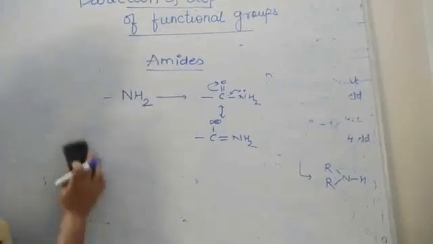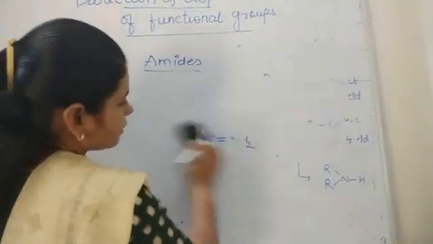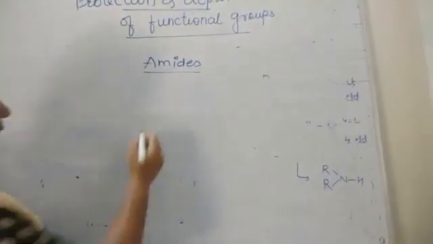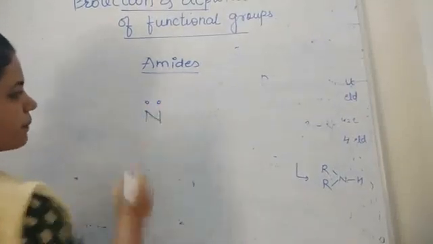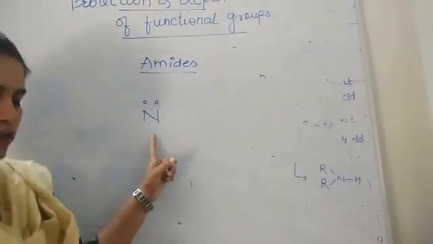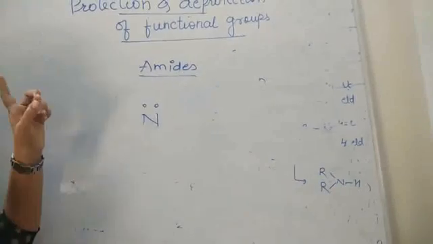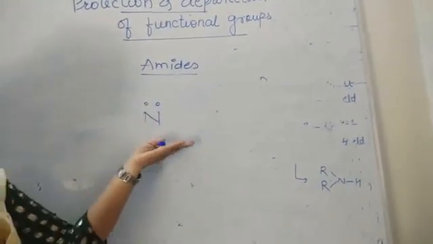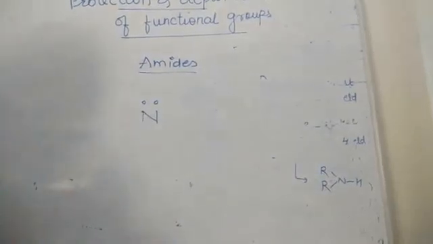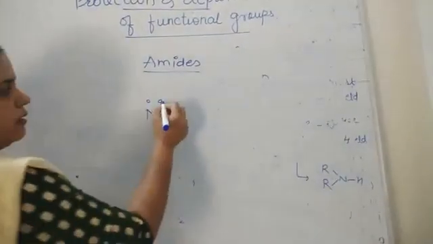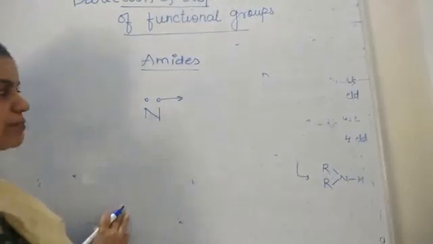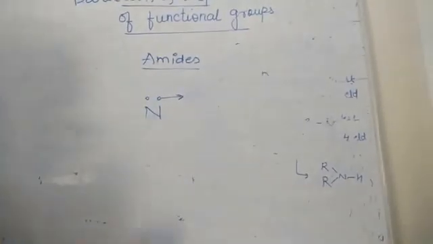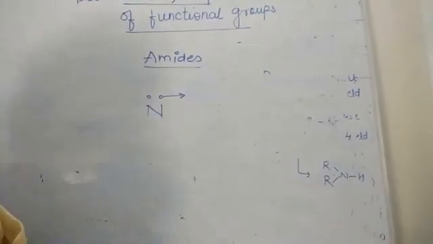Now the main reason for the basicity of nitrogen in amines is its lone pair. This lone pair on nitrogen is easily protonated by any electrophile, and because of this basic nature, amines are very reactive, and we have to reduce this.